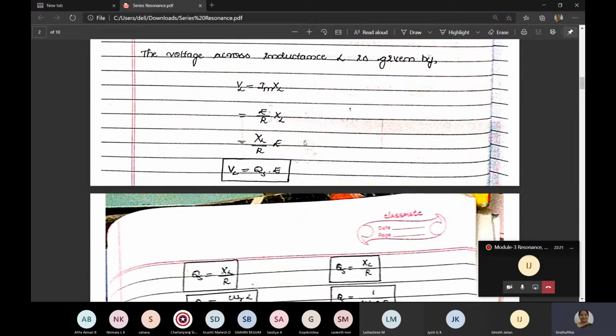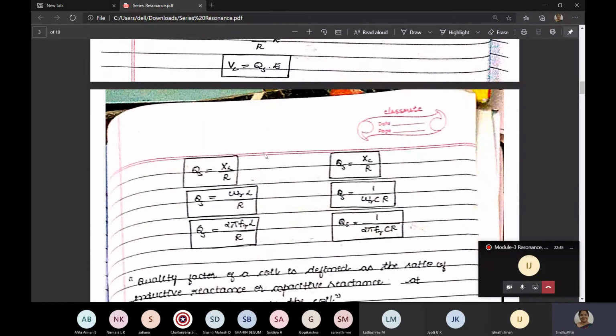Just rearrange the terms, you'll get XL by R, putting E this side. Instead of XL by R, I have written QS. So VL is equal to QS into E. This XL by R is replaced by QS. QS is the quality factor, and it is represented by XL by R.